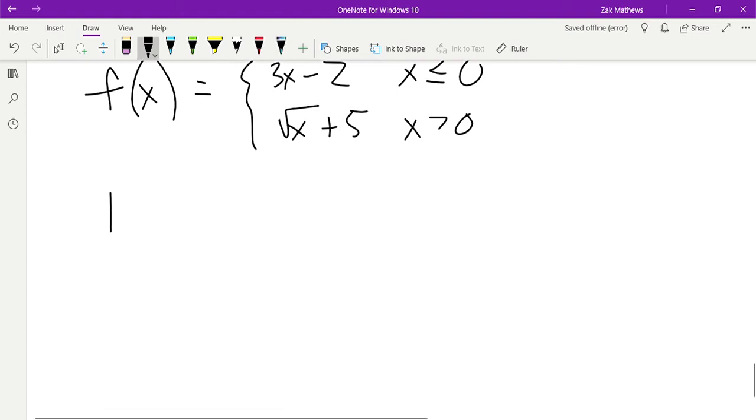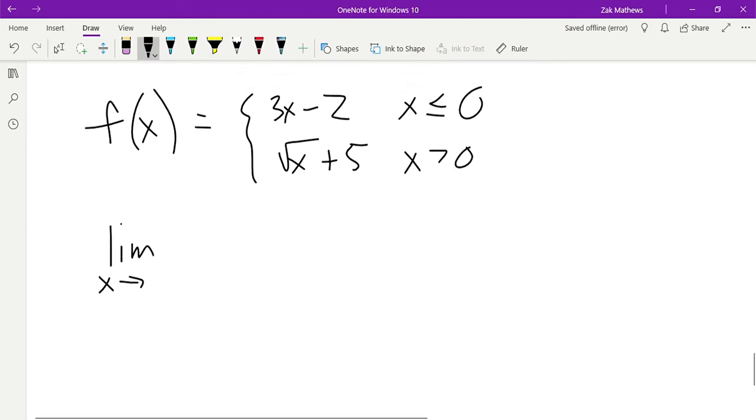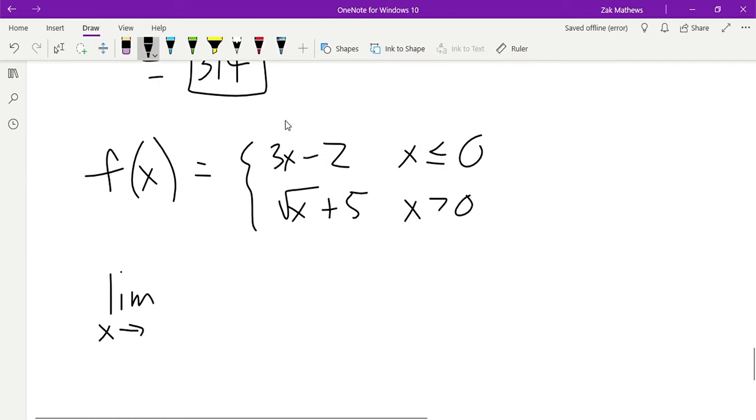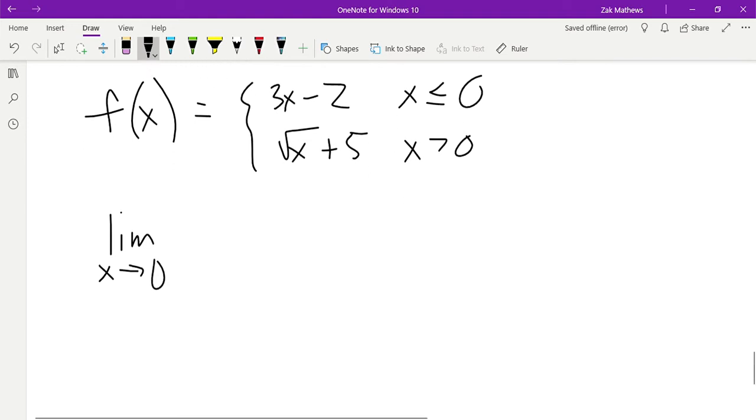And let's find the limit at the interesting point. We know that this is a line that would have its limit everywhere along that line. This is a square root, which would have its limit everywhere when x is greater than 0, because that's its domain. The question is at the point of intersection. So I want to look at the limit as x approaches 0.